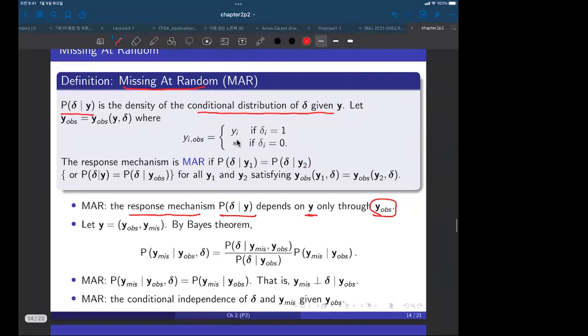Okay, so if you write it this way, you decompose the original y into the observed part and the missing part. And then if you use the Bayes theorem, so this is just the Bayes theorem, right?